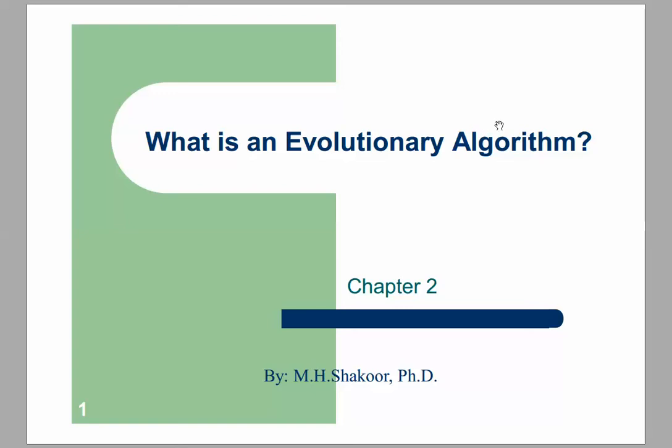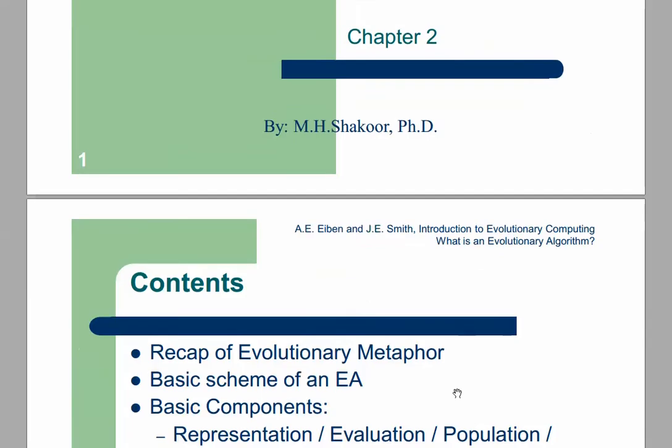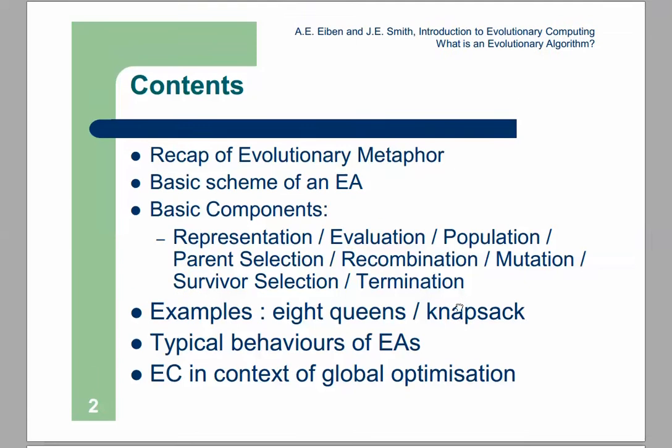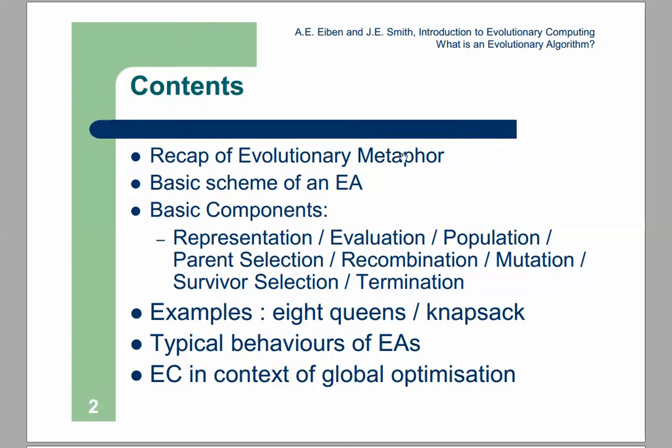In the name of God, in this chapter, we explain some details of evolutionary algorithms. What is an evolutionary algorithm? This page is the most important page of this lesson, especially this part.